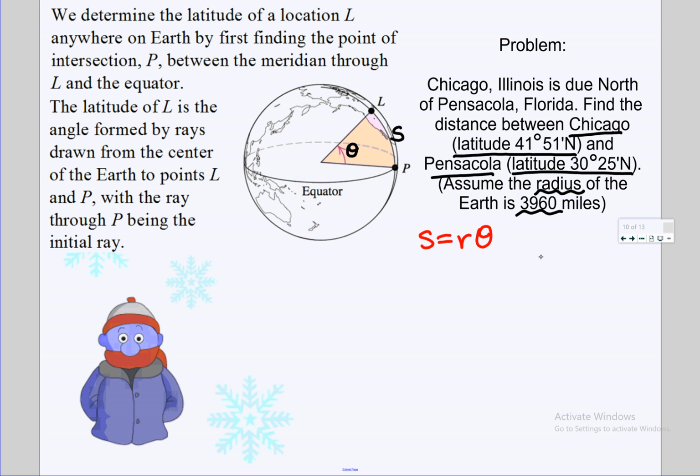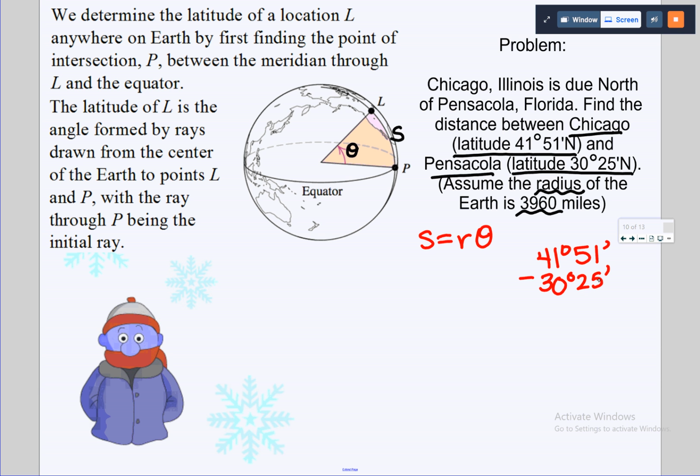So I need to subtract them, and we're just going to do old school subtraction here. 41 degrees, 51 minutes minus 30 degrees, 25 minutes. Or using that degree, minute, second notation we talked about yesterday. Subtracting, you guys can just subtract the minutes and the degrees from each other. Like what's 51 minutes minus 25 minutes? 26 minutes.